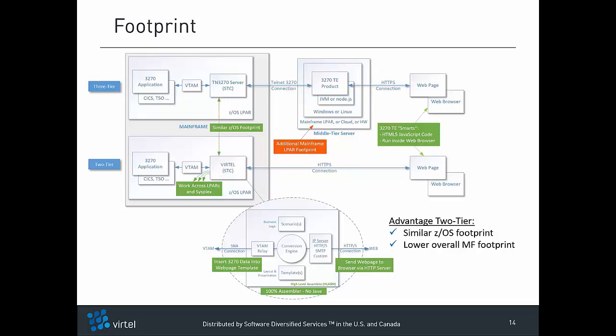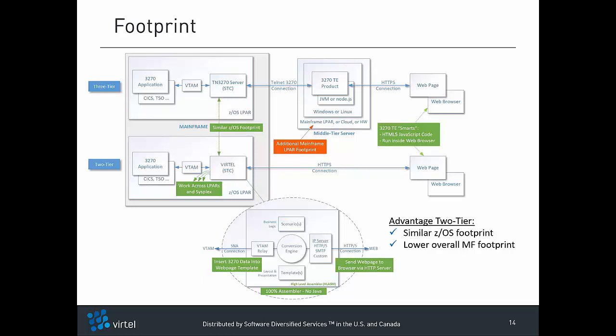Now, with 3-tier solutions, you need to take into account the additional footprint of the Windows or Linux LPARs in which the middle tier server runs if it is virtualized. It's not as costly as a z/OS LPAR, but you nevertheless have to pay for it.